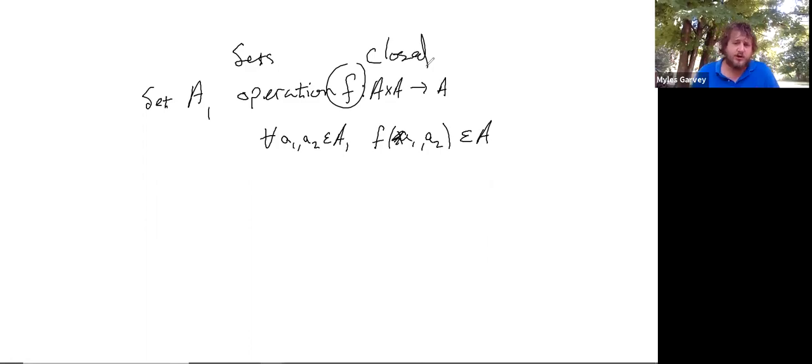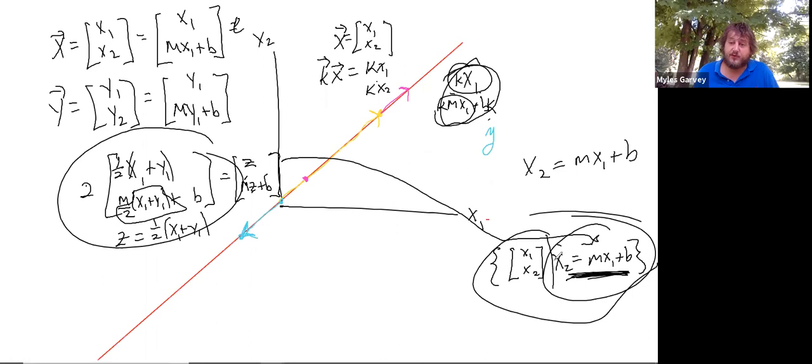Okay, so as it turns out, this is a closed op. For this specific set, we say that our operation is closed on the set. It's closed because if I add the two vectors together, I get a vector that's back in the set. If I come up with a scalar multiple of a vector, I get a new vector that's in that same set.